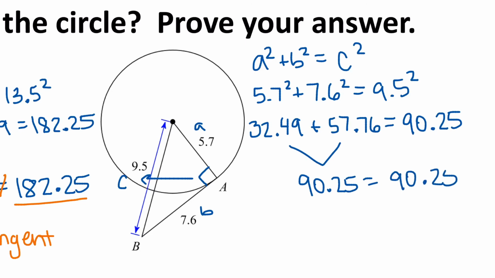And the good thing about this is that I have 90.25 equals 90.25. So because the Pythagorean theorem worked, I have the same number on both sides of my equation. This would mean that AB is tangent to the circle.